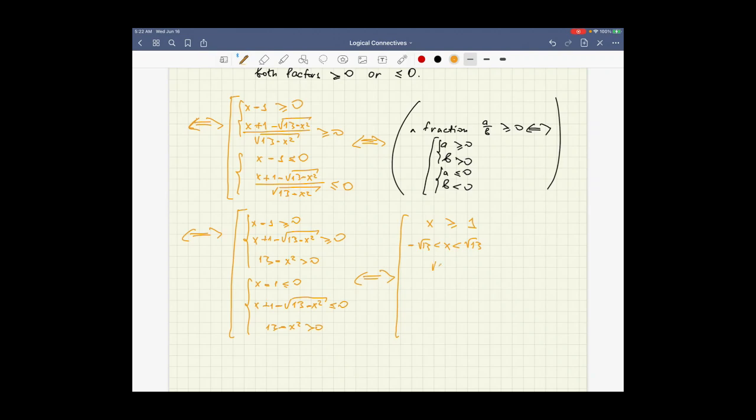And here I can write this like this. Or I can actually square immediately. I can square this immediately. That's what the first system gives me.